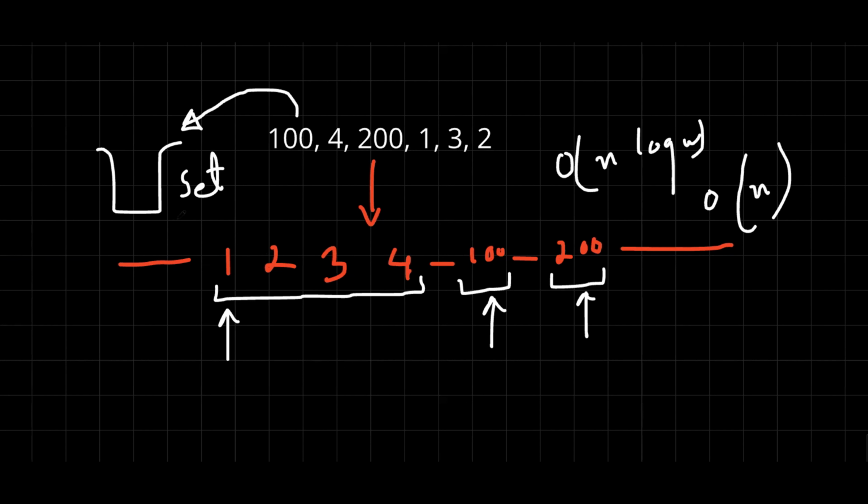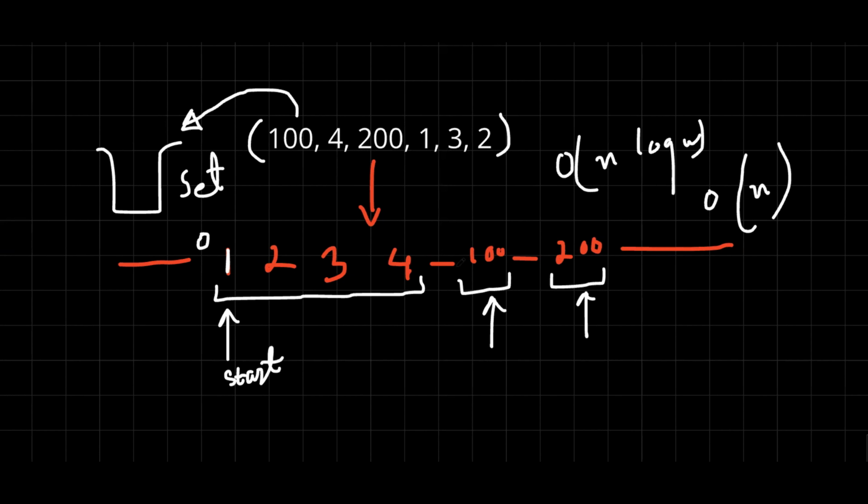Suppose we consider the element 1 as the starting position. That means the element 0 should be absent from the set. So here in this sequence, the element 0 is missing. So we can consider the element 1 will be one of the starting positions.